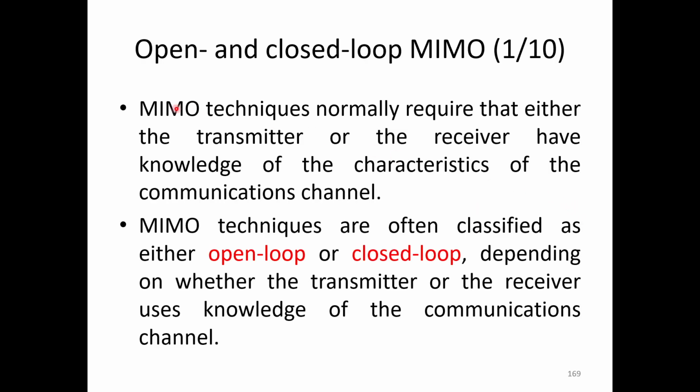Okay. Next, let us look at section 1.7, open and closed loop MIMO. MIMO techniques normally require that either the transmitter or the receiver have knowledge of the characteristics of the communications channel. MIMO techniques are often classified as either open loop or closed loop, depending on whether the transmitter or the receiver uses knowledge of the communications channel.